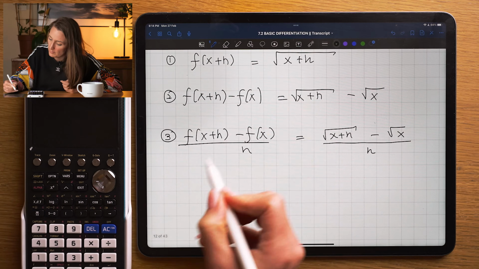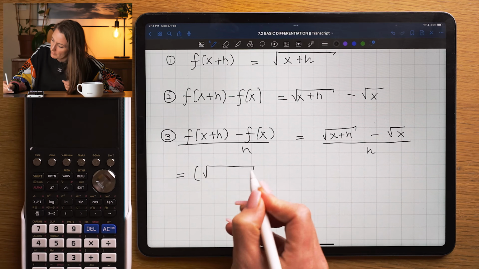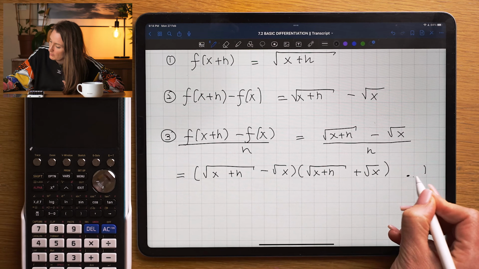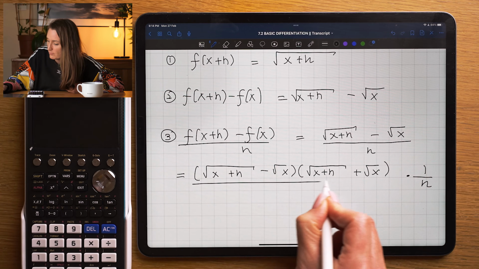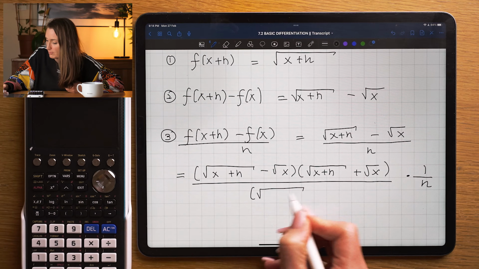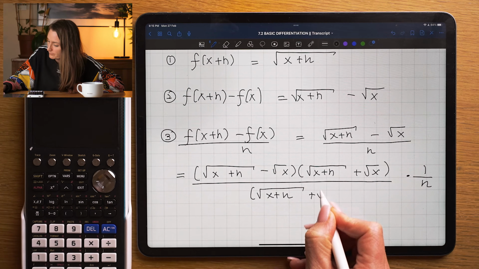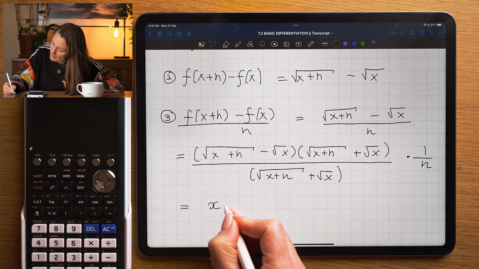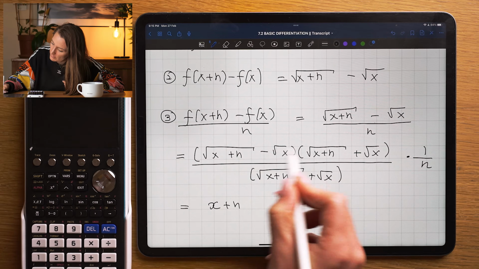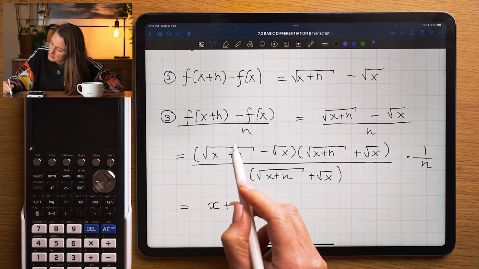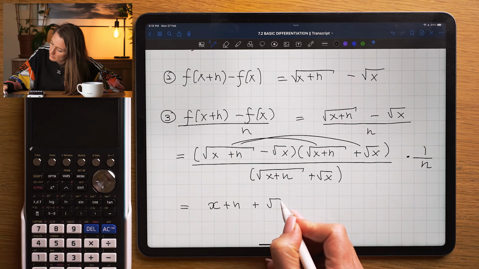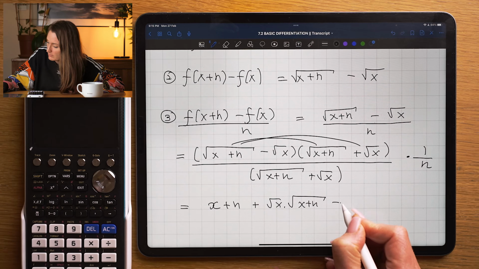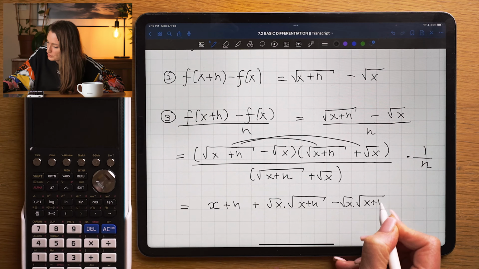What I'm going to do now is multiply it by its conjugate to get rid of the square roots. So let's have a look. Take out the 1 over h here. And as I've multiplied the top by the conjugate, I'm going to have to multiply the bottom by the conjugate too. If I multiply by the conjugate on the top, I'm going to get x plus h plus square root of x times square root of x plus h minus square root of x times the square root of x plus h.